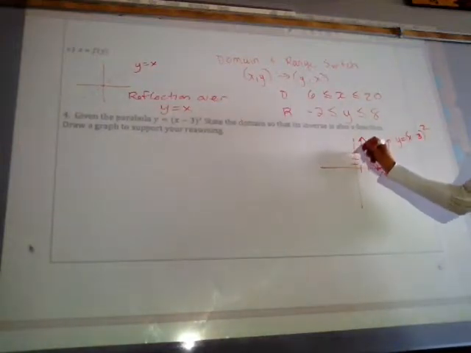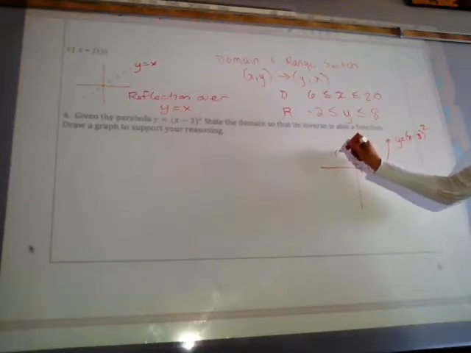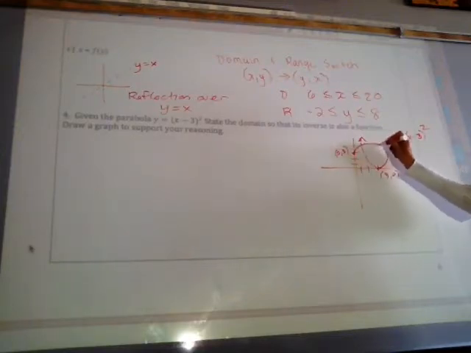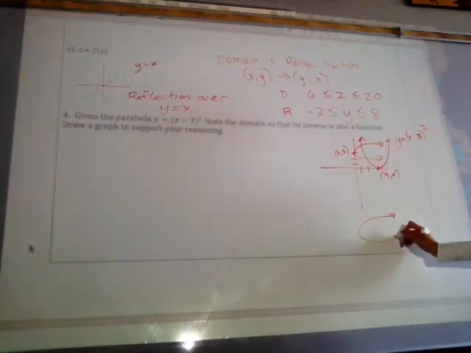If I were to take the inverse, here I started at (3, 0). The new vertex will be at (0, 3). And it will look like this. So if I have an inverse parabola, like this, and I did a vertical line test, it's not a function.